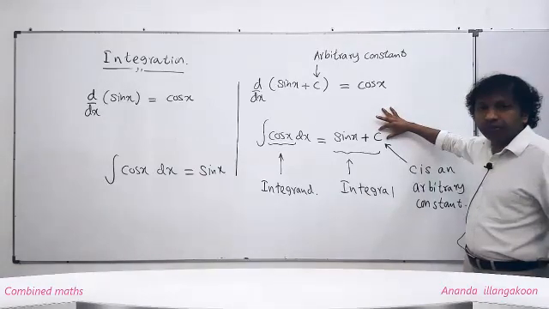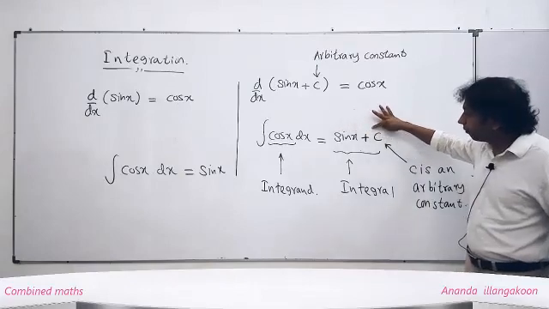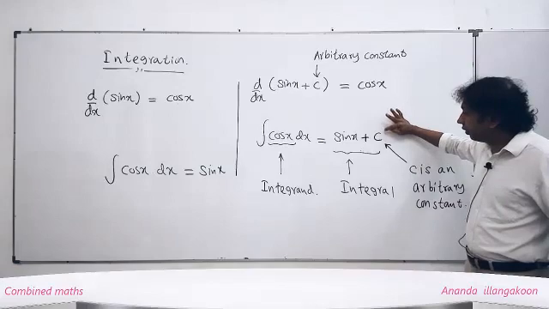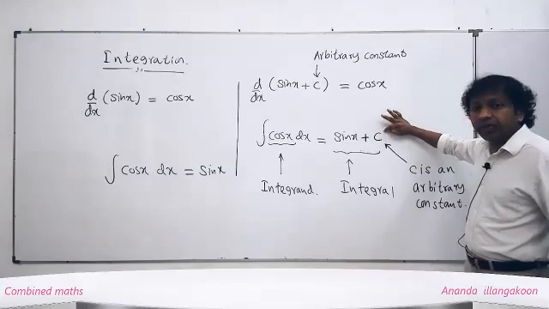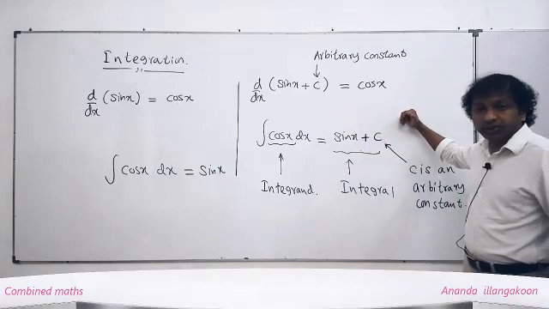Due to this, this right hand side is not having a definite value. The right hand side can take any value, because this C can be any real number. Once this C can take any real number, the right hand side can take different answers.